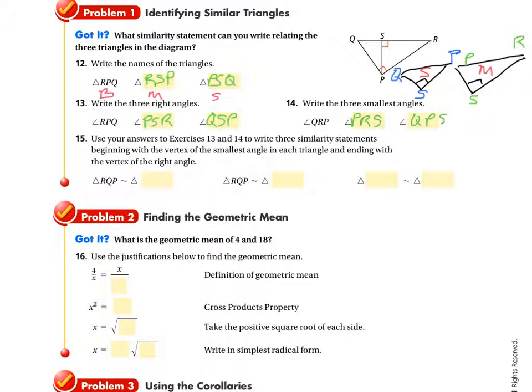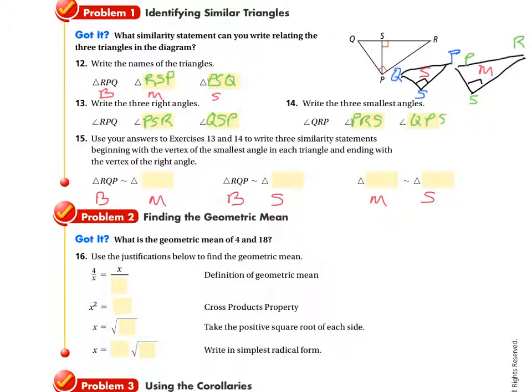And then finally, we can use our answers up above right here. Can't we use these answers to write similarity statements here? And notice that they've used RPQ. So they just want you to write, let's just say that this is big to medium, big to small, so they're saying that medium equals small, or similar.